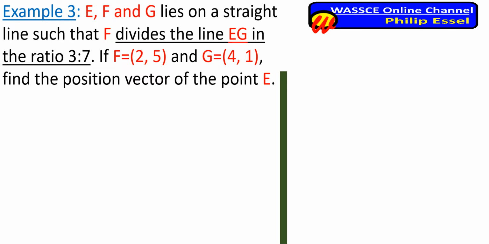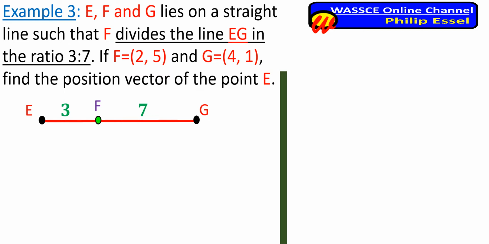So let's draw the line segment EG. Now the point F is in between the 2 points E and G, and it divides the line segment EG in the ratio of 3:7.